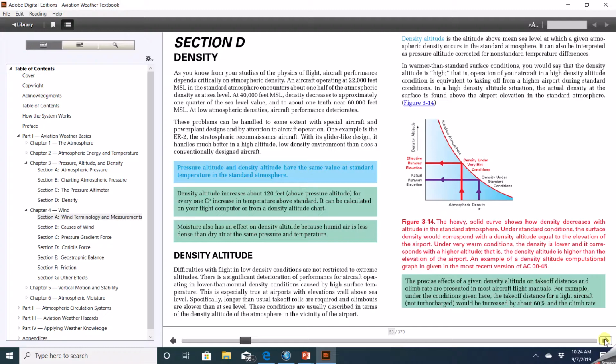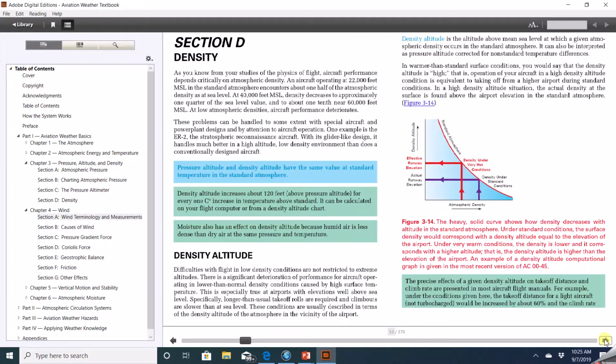So it's going to take more runway for you to get up in the air there than it will if you're in the middle of winter in Caribou, Maine, for example, where the air is very cold, very dense air. So just remember that the hotter the air is, the less dense the air is, the further apart the molecules are. The colder the air is, the closer the molecules are to each other at the surface of the Earth. That'll give you a good idea of how your density is changing.